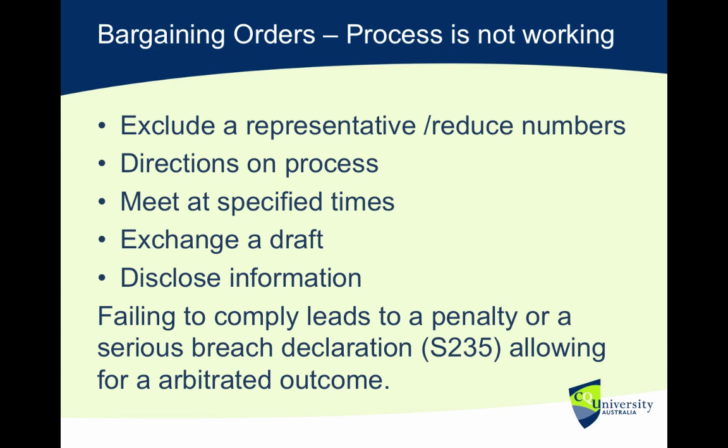Particularly, a bargaining order might apply where the parties have written to each other, they've made it clear that that's going to be their next step, so there is warning given, and what can happen then is the Fair Work Commission can step in and say, there are too many people around the table, we want to reduce the numbers, or a representative who's been particularly difficult might be excluded and another representative has to be introduced. There might be directions given on process. The parties might be told to meet at specific times, exchange drafts, disclose information, etc.